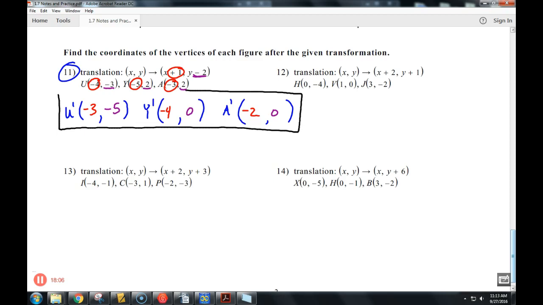I didn't have a picture, I didn't have a grid, but I used the rule to manipulate the ordered pairs to make it actually perform a translation. And just to let you know, if you were wondering where this transformation really went, it went right 1 because of the +1, and then it went down 2 because of the -2.